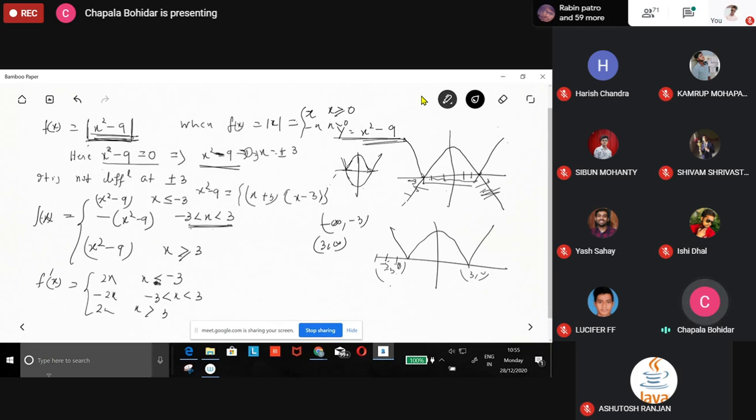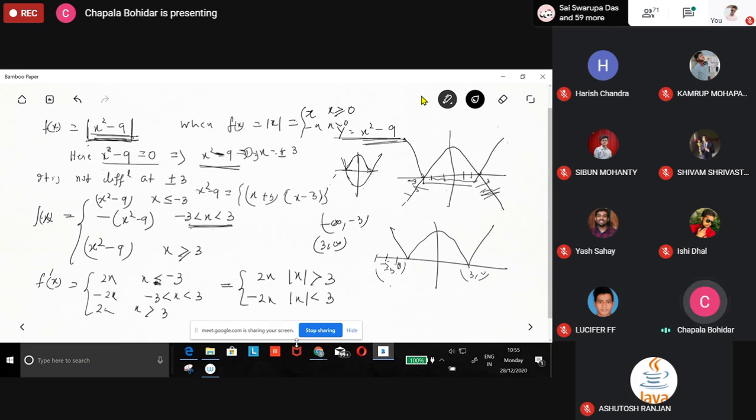I can write this as 2x when the absolute value of x is greater than 3, and minus 2x when the absolute value of x is less than 3.